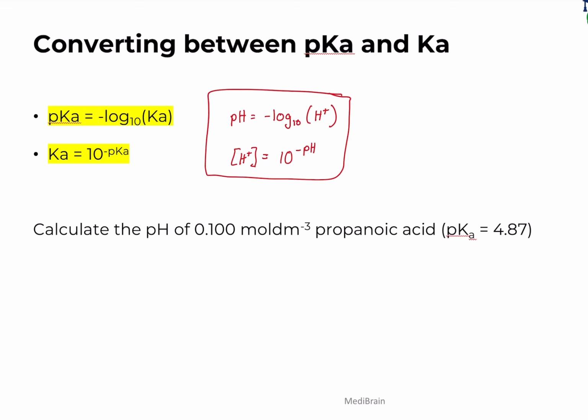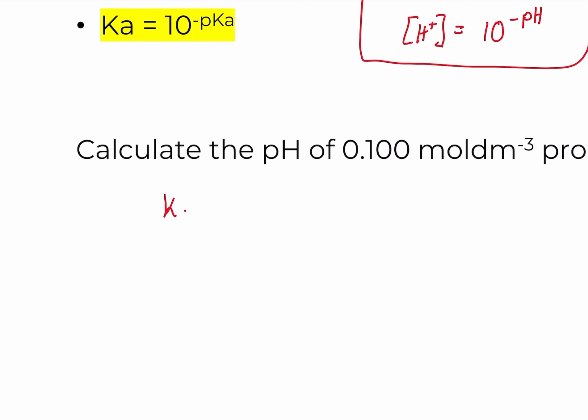So if we're given the pKa, always work out the Ka. We know that Ka equals 10 to the power of negative pKa.